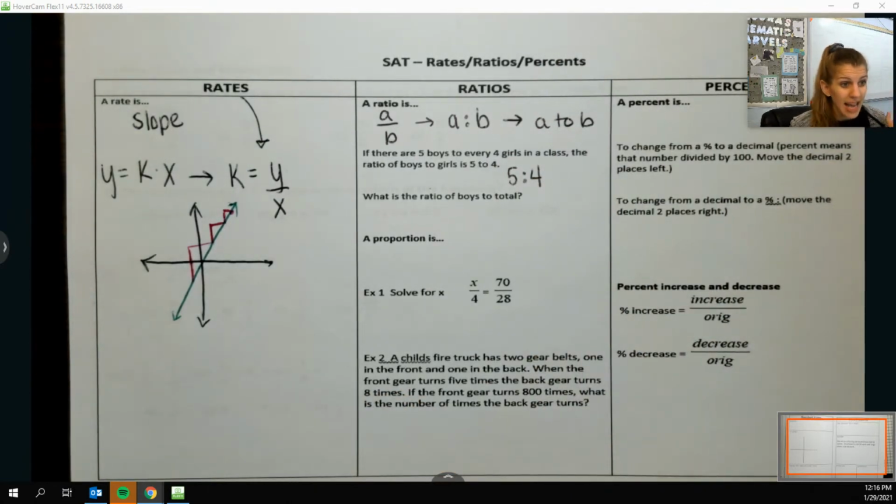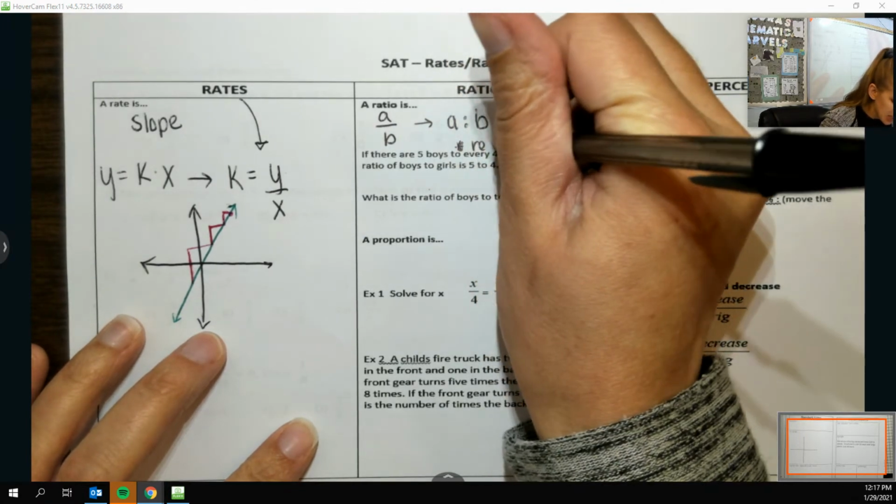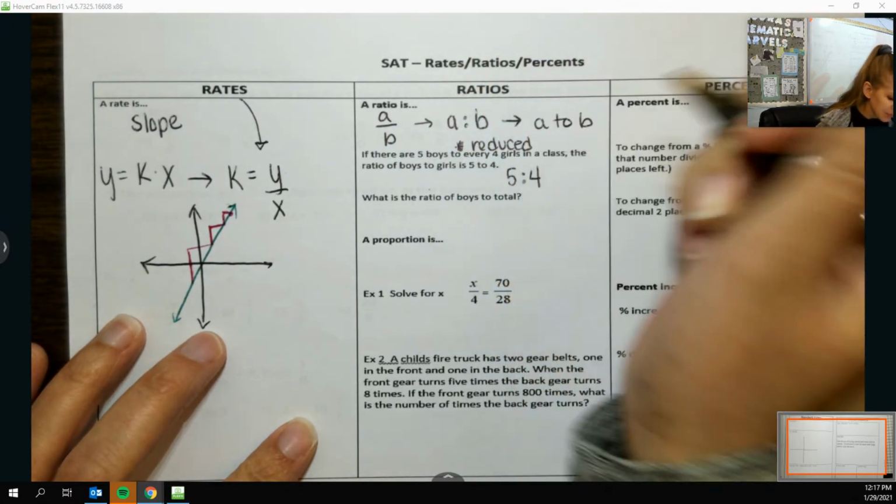That's all well and good. And in this example here, I can't really assume that there are more people, but a really good example of where a ratio can be helpful is if the ratio of boys to girls is 5 to 4, but there are 32 people in class, I can figure out exactly how many boys and exactly how many girls, because another super important thing about a ratio is that it's always reduced.